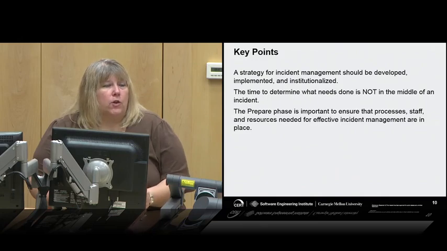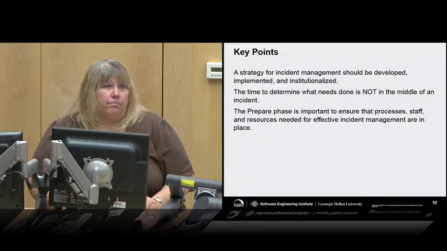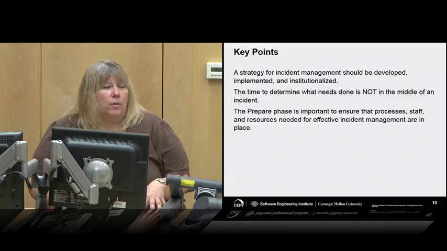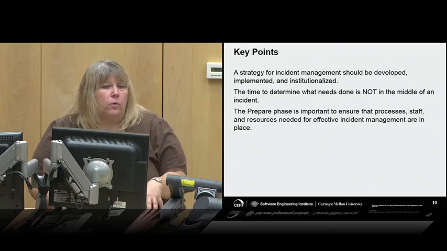If you have specific secure communication mechanisms, you have to test that they work, and you have to ensure that all the people who need access to them have the access and have been trained on how to use the tools and the secure communication mechanisms before they actually have to use them. So think about what you can do, what you can have in place, and what might be unique to your own organization as you look at preparing for incident management.